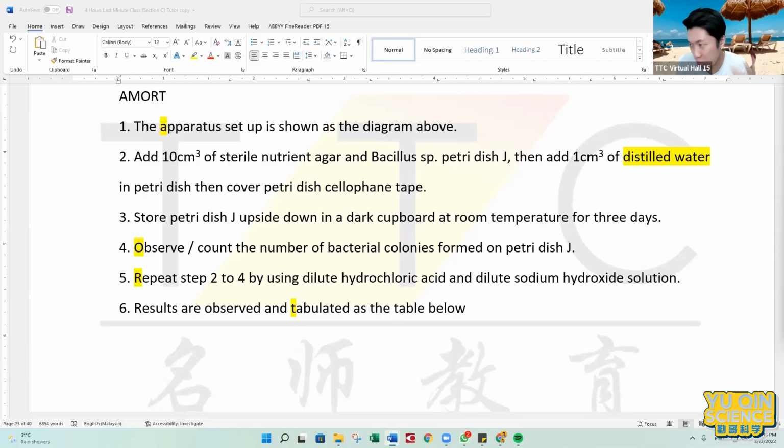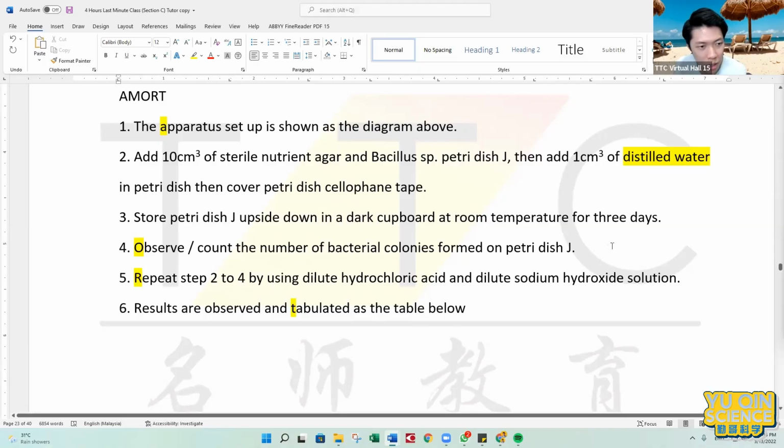Maybe she has come across how other teachers would mark. So if your teacher says that, then that's a good thing. Just draw and then just write what you observe. It means for number 4, only write number 4 and then draw the table.